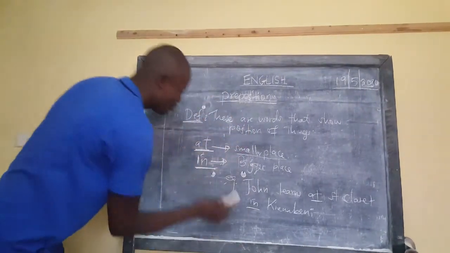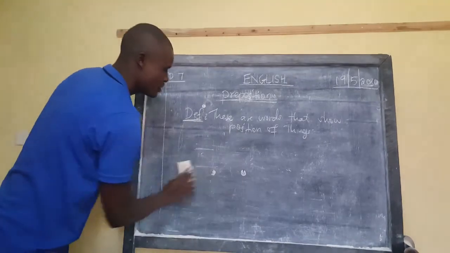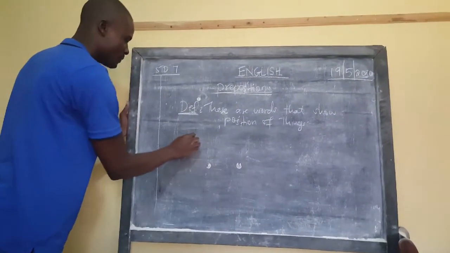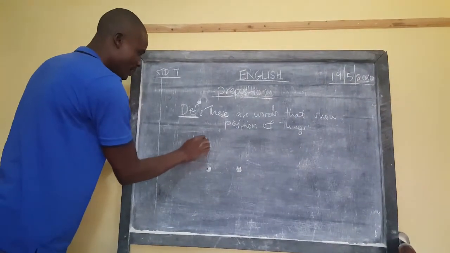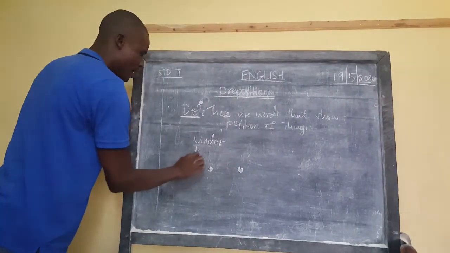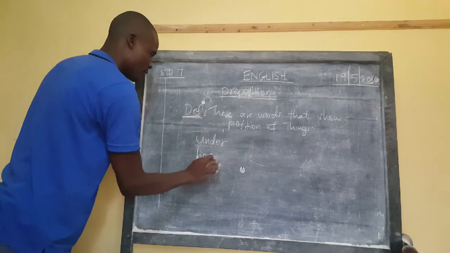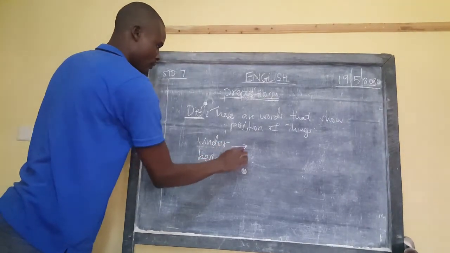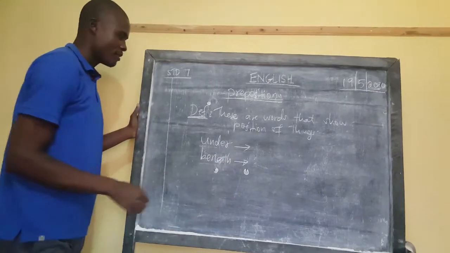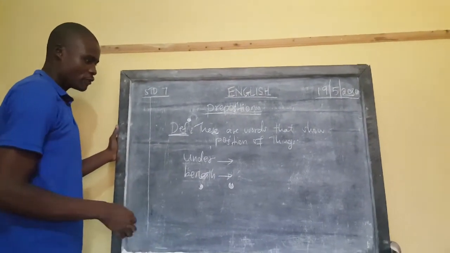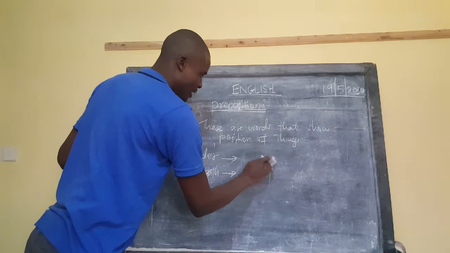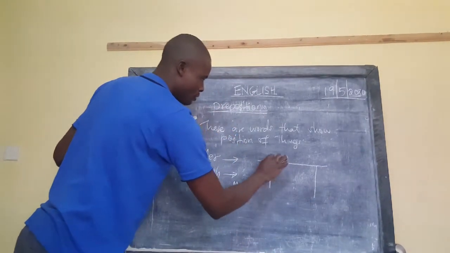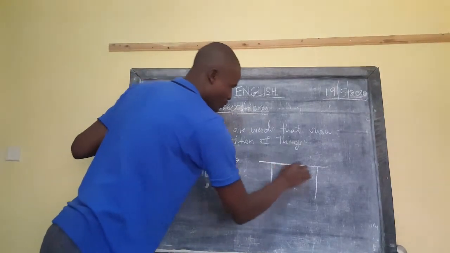So much for that. We go to another confusing preposition that disturbs us a lot. That is the use of under and beneath. Here I love to use an illustration of a table drawn in a funny way like this.